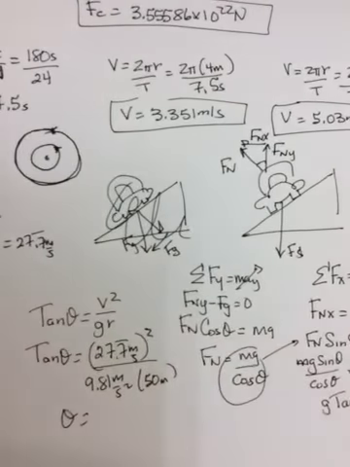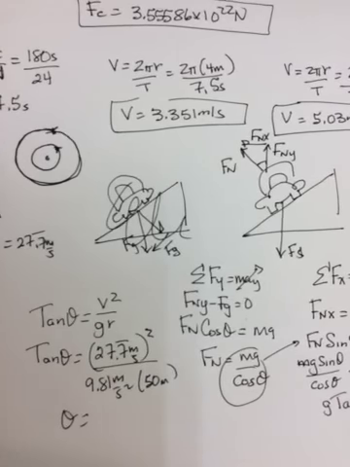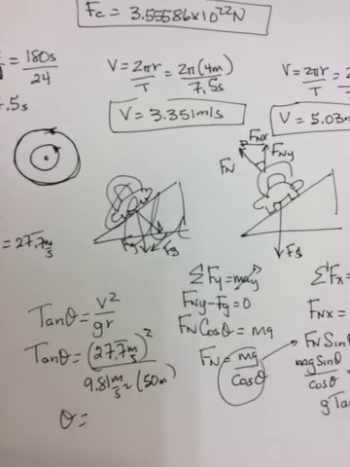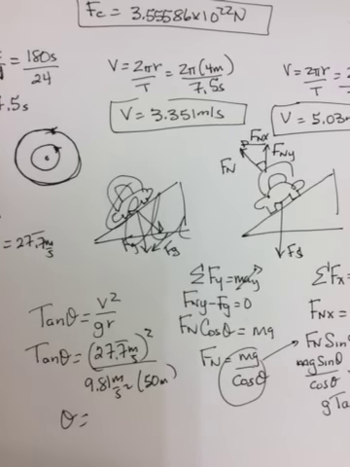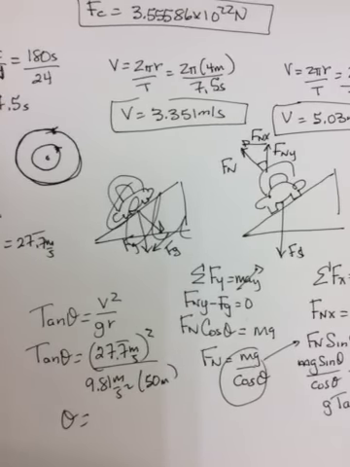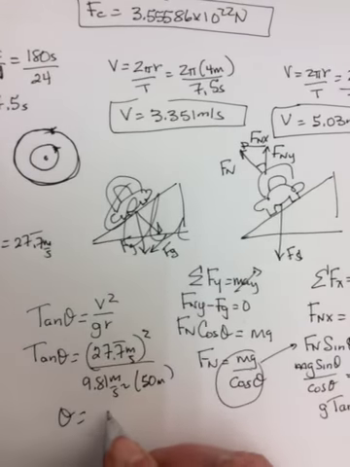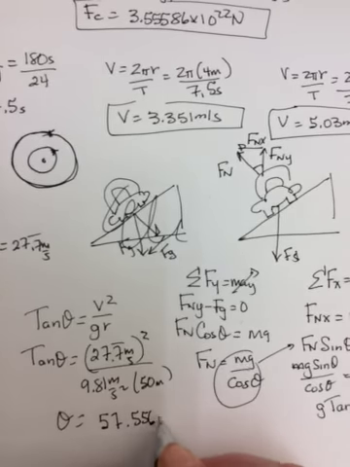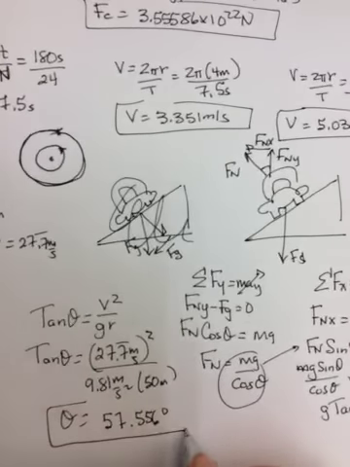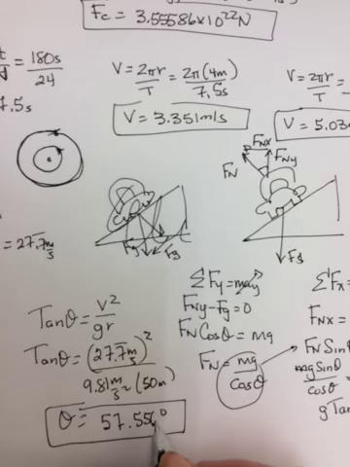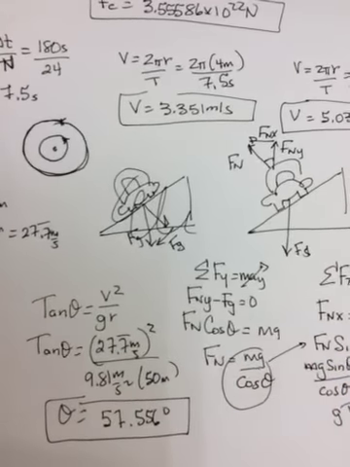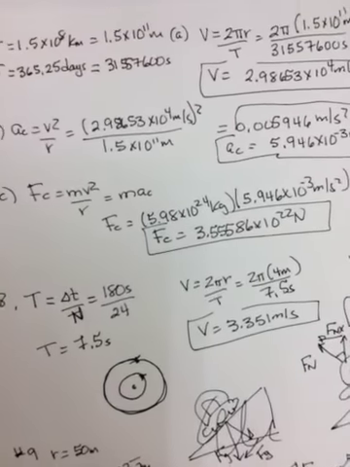Do not forget to square your speed. So before you take the inverse tan, you should get 1.573. Then do second function tan, and you should get an angle of 57.556 degrees. This is a huge angle for a regular car, but for a stock car, it's okay. It's not too big. They're banked much more.